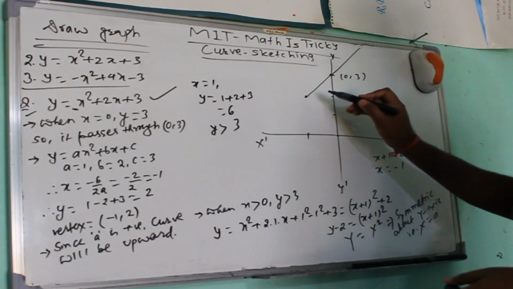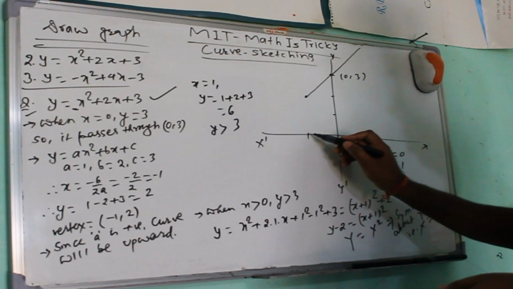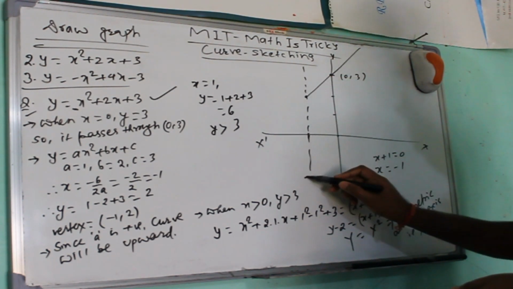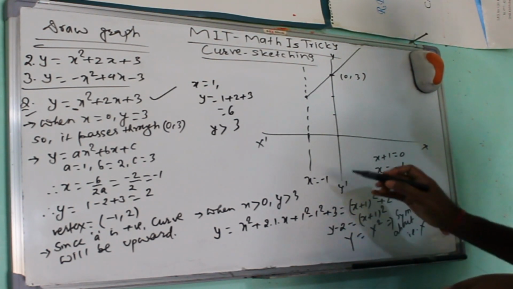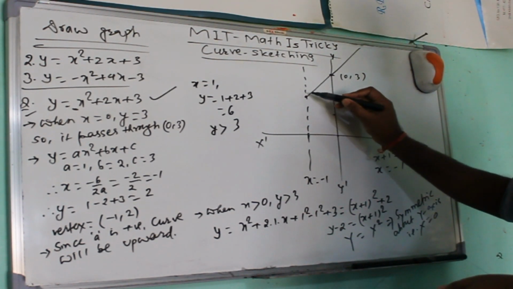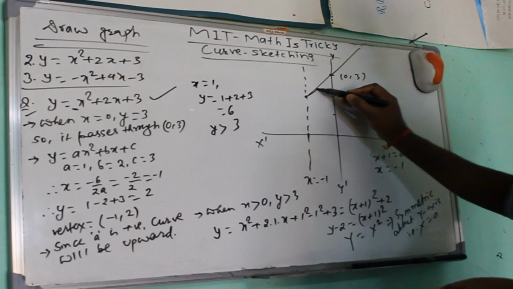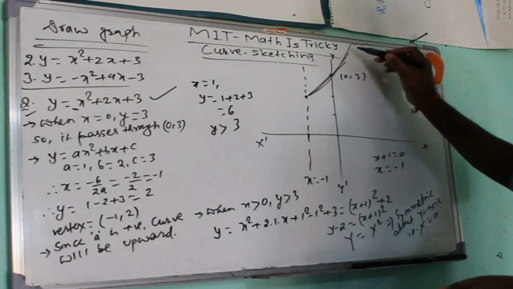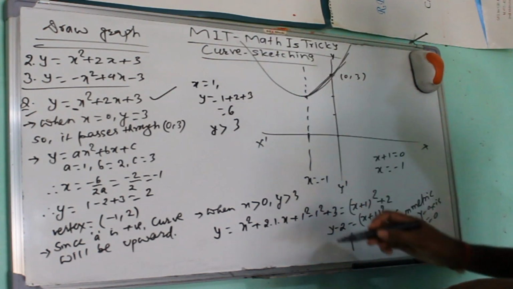So x equals minus 1 is the line of symmetry, and the curve will be shaped like this. It is a parabola, so it is a curve like this.